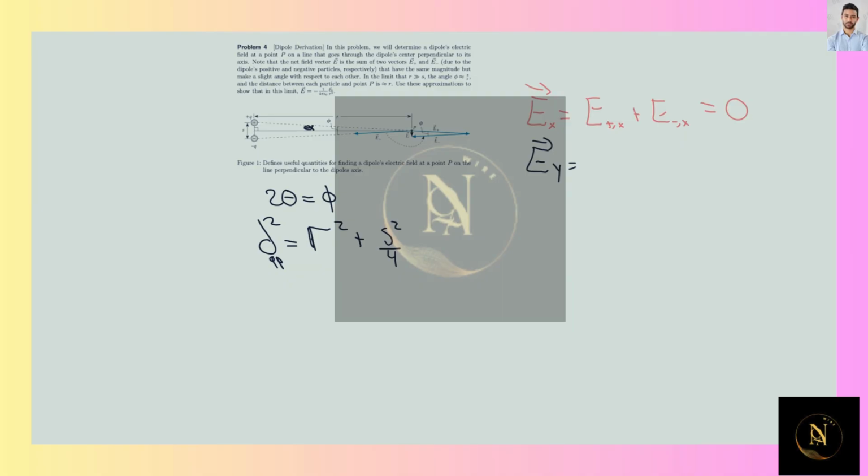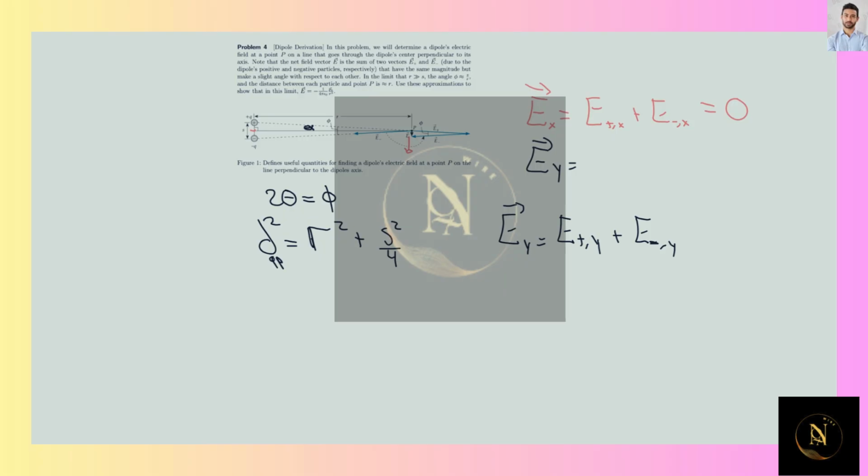Thus, the electric field in the y direction is going to be the electric field from the positive charge on y plus the electric field from the negative charge on y. Notice that both of the vectors have the component going down with respect to the origin, that is this point.